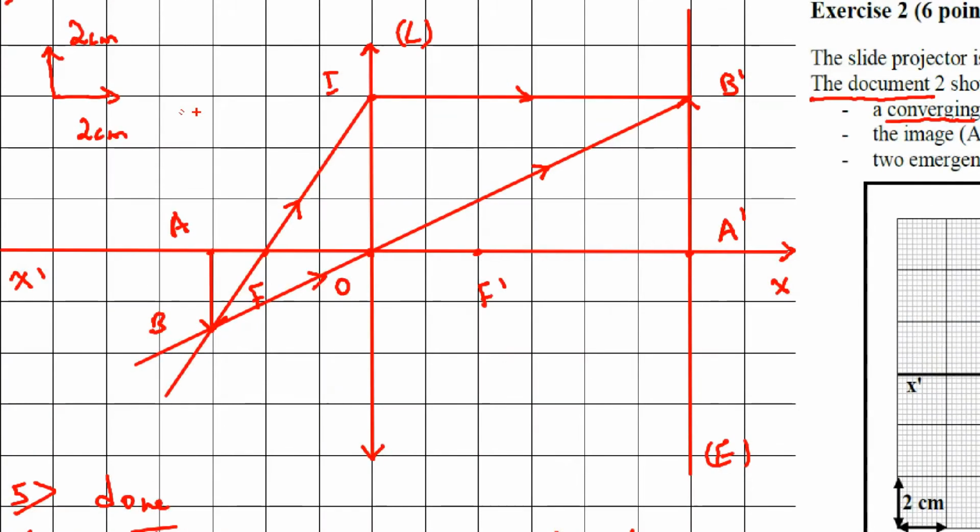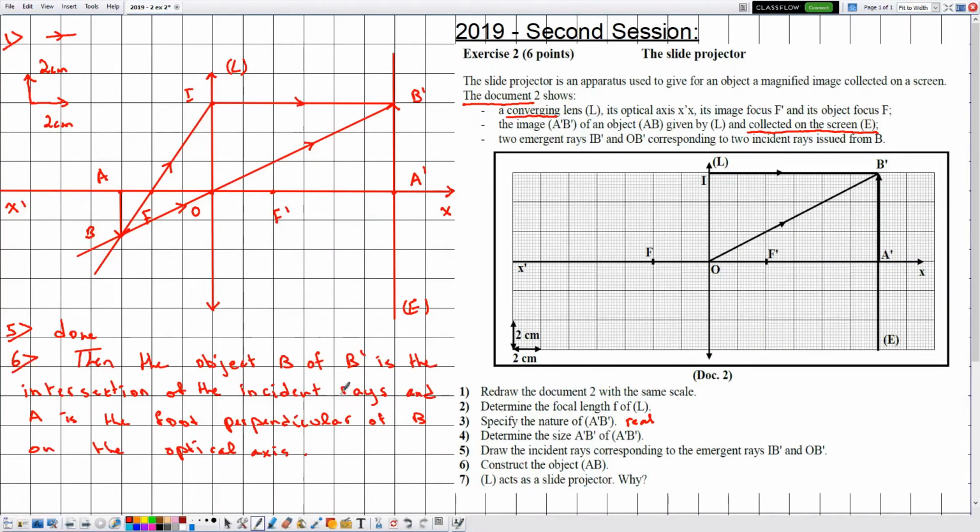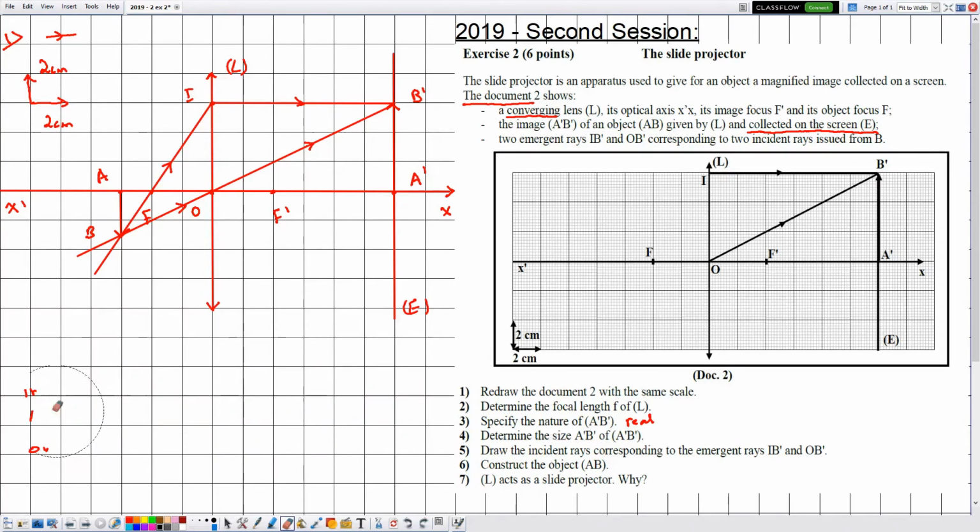Moreover, from the graph, the object AB consists of 1.5 divisions, 1 and 0.5, and the image A prime B prime consists of 1, 2, 3 divisions. And as we can notice, the image is larger in size compared to the object. So let's write down number 7.